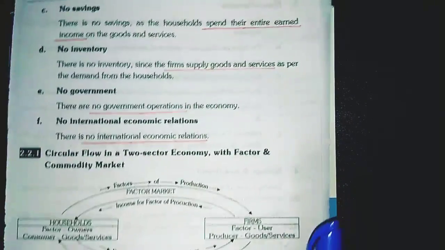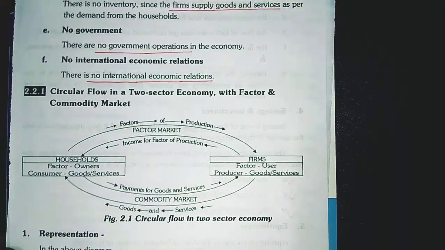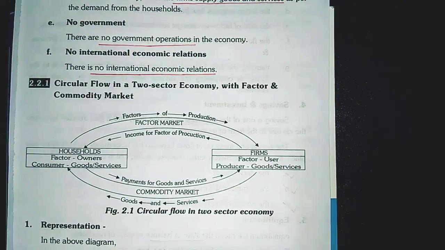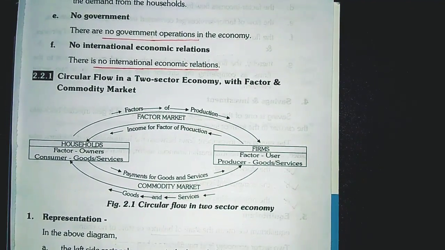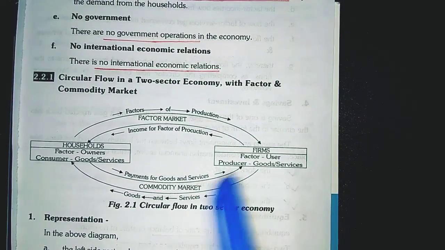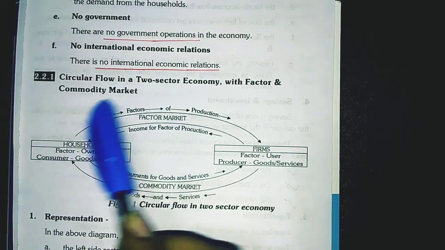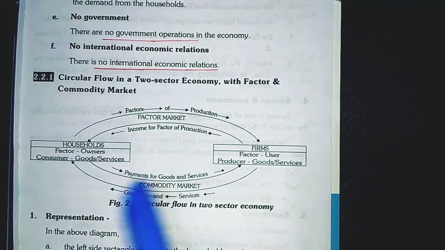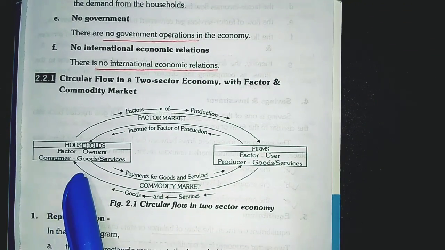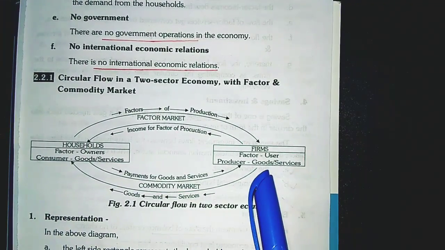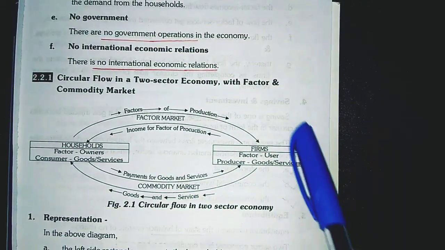Now in the case of the circular flow in the two sector economy, you always have to remember this diagram. I have already given this in the textbook. The first point to remember is the representation, what we have mentioned in this diagram. The left hand side represents the household sector and the right hand side represents the firms.